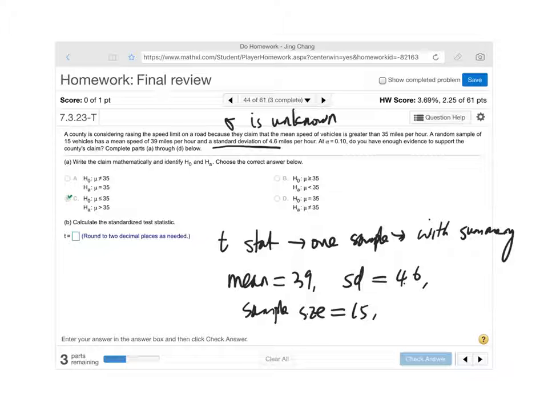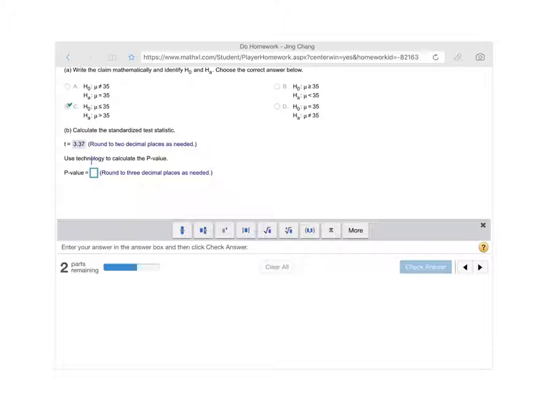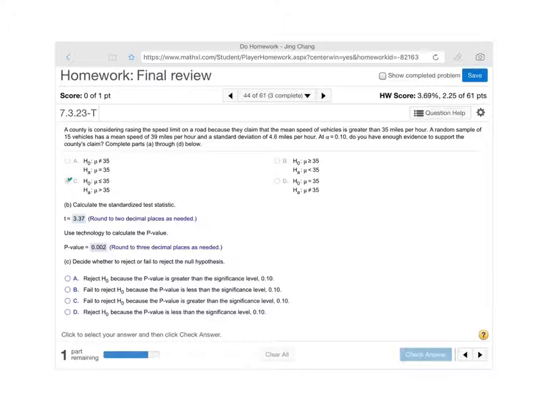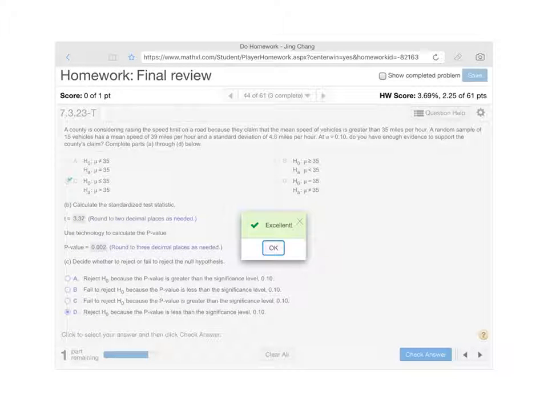Then put the hypothesis, and then click compute. You can get a p-value and the test statistic. So you can get t is 3.37 and the p-value is 0.002. Since alpha is 0.10, we'll reject the null hypothesis. The p-value is less than alpha, and the claim is HA.